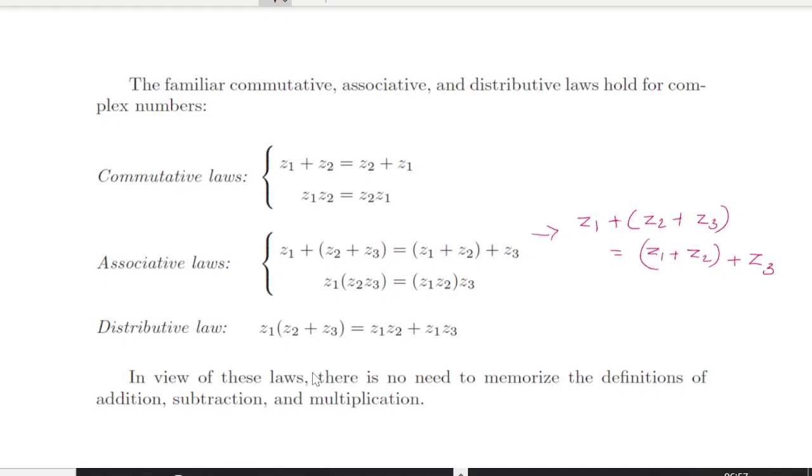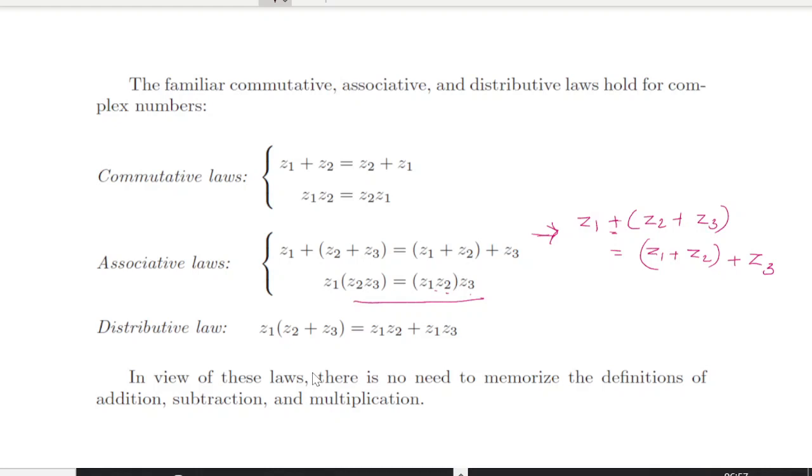These two will result the same, means we will say that this operation plus is associative. Similarly for product also, z1 into the product of z2 z3 equals the product of z1 z2 into z3. This is called the associative law.